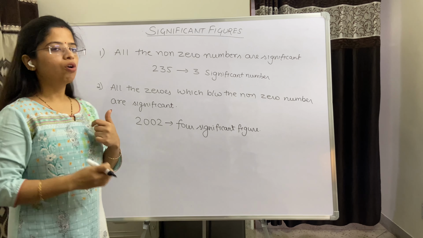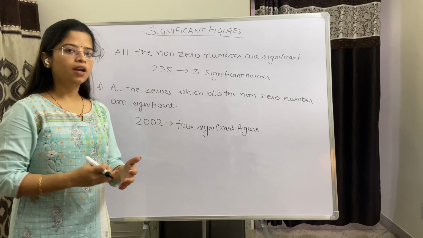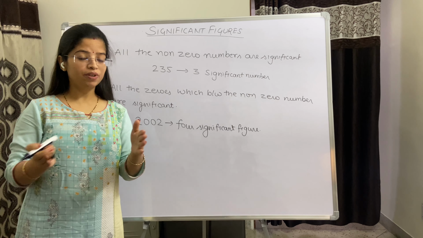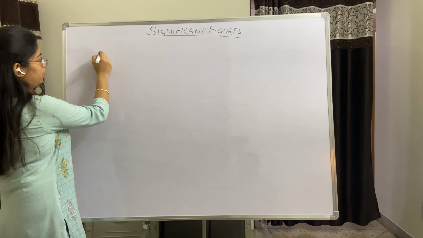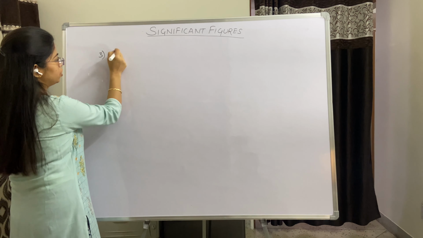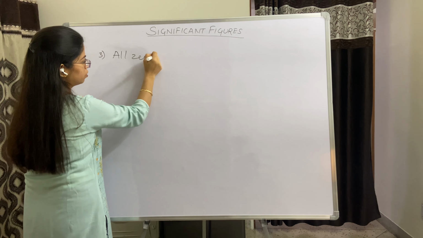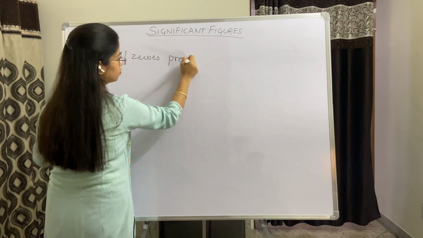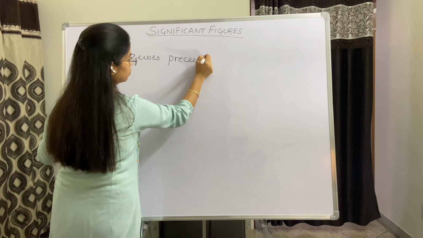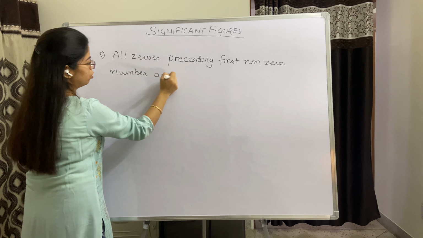The first rule is all the non-zero numbers are significant, and the second rule is all the zeros between the non-zero numbers are significant. Rule 3 is all the zeros preceding the first non-zero number are not significant.